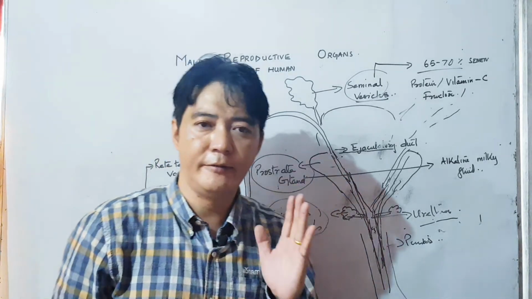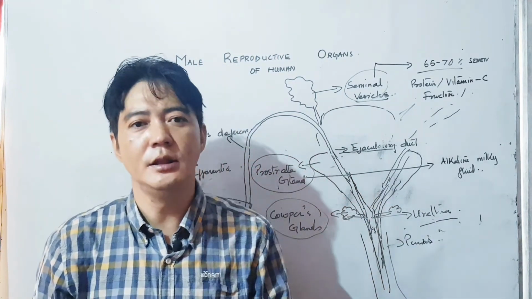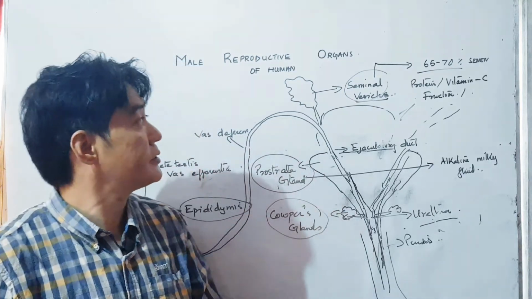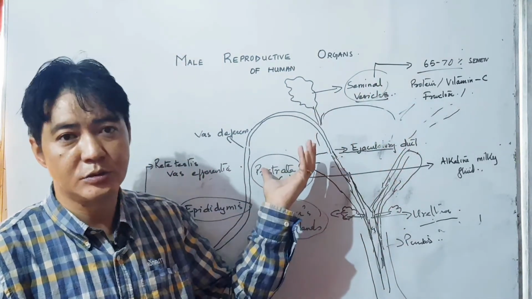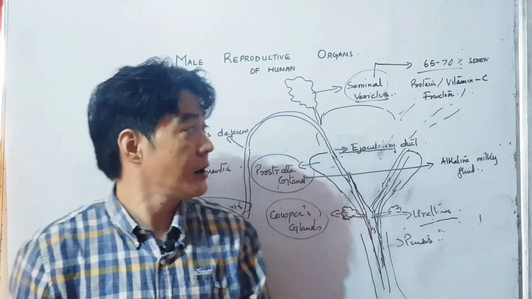So today we have learned the structure of the male reproductive organ of human and the functions of some glands which are involved in the male reproductive organ of human.